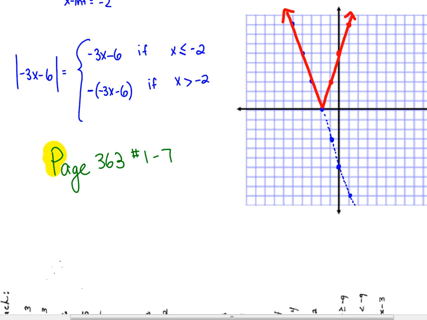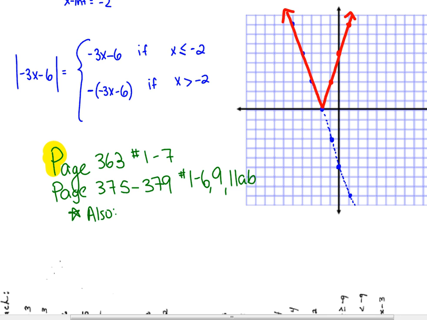Those are just simple absolute values. And then page 375 to 379, numbers 1 to 6, 9, 11 A and B. And then also, this is really important, this part. Write each of number 6 as a piecewise function.